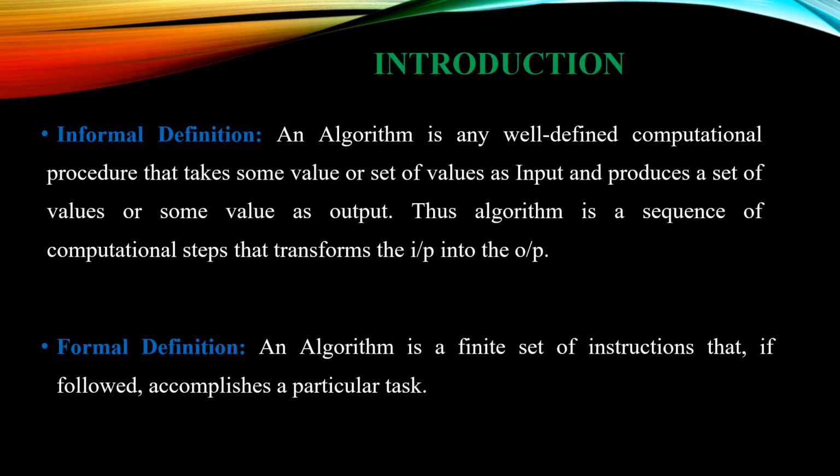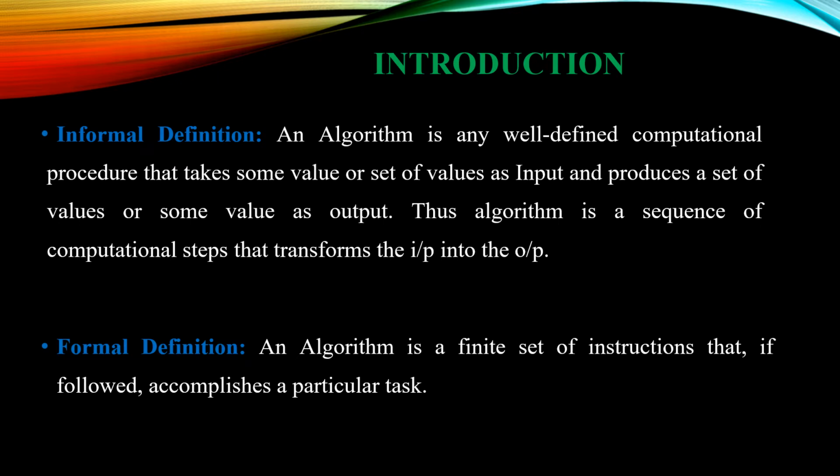First, let me explain what an algorithm is. Introduction about the analysis of designing algorithm. Here, what is an algorithm? An algorithm can be defined in both a formal and an informal way.